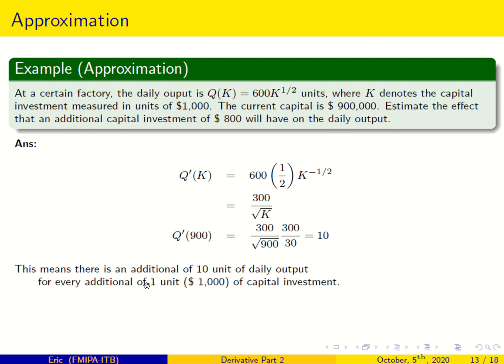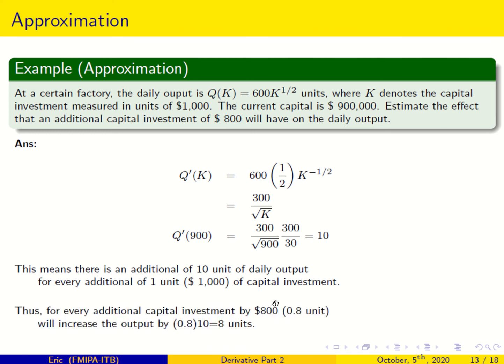So if you want to find the additional daily output for an additional 0.8 unit, that is 800. For 1 unit, you have an additional 10 units of daily output. What about 0.8 unit? You have 0.8 times 10, that is 8.